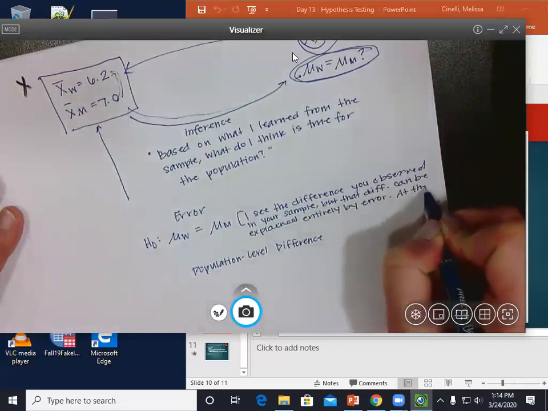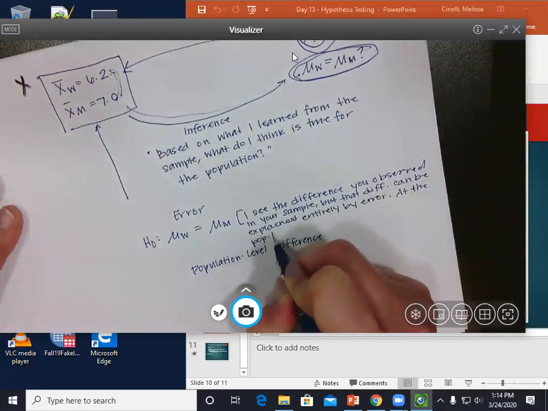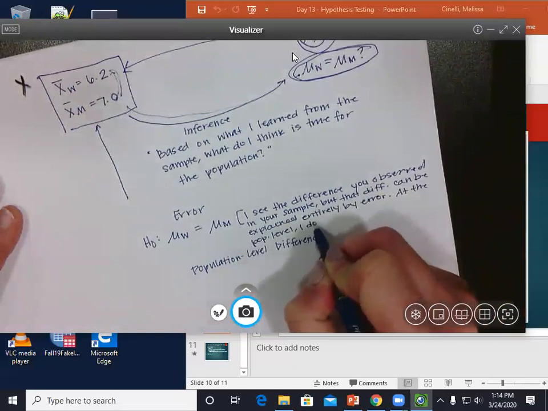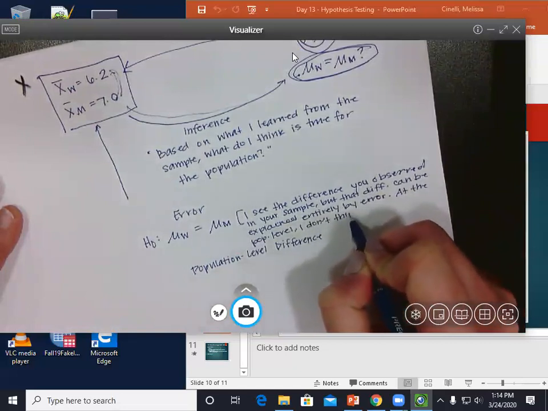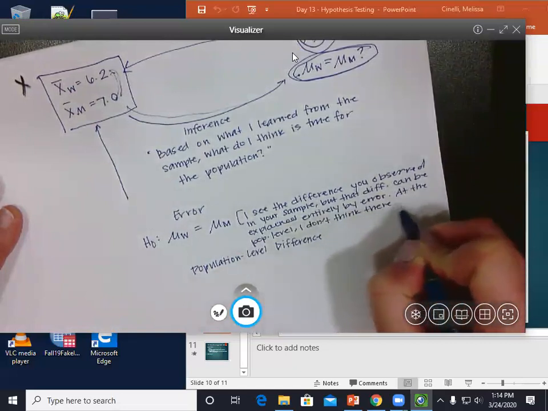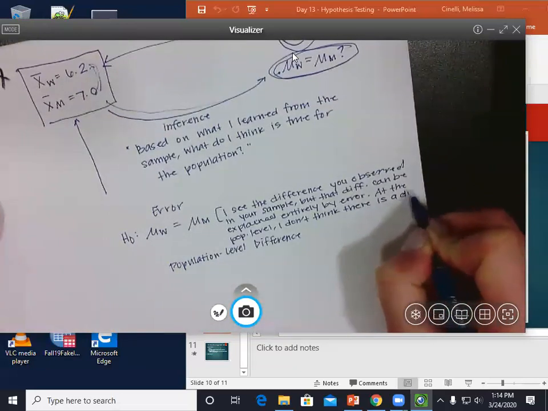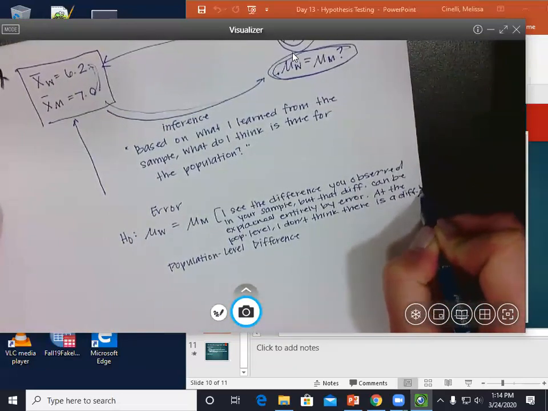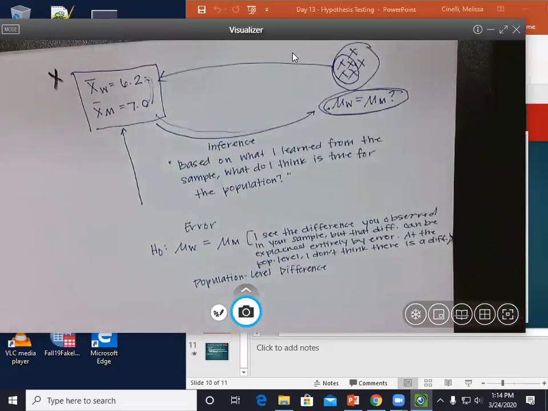At the population level, I don't think there is a difference. All right, so the null hypothesis recognizes and accepts that you see a difference in your sample.